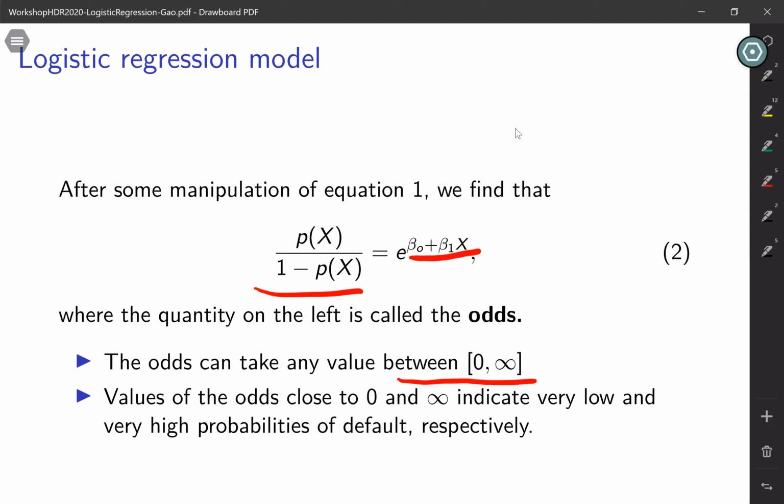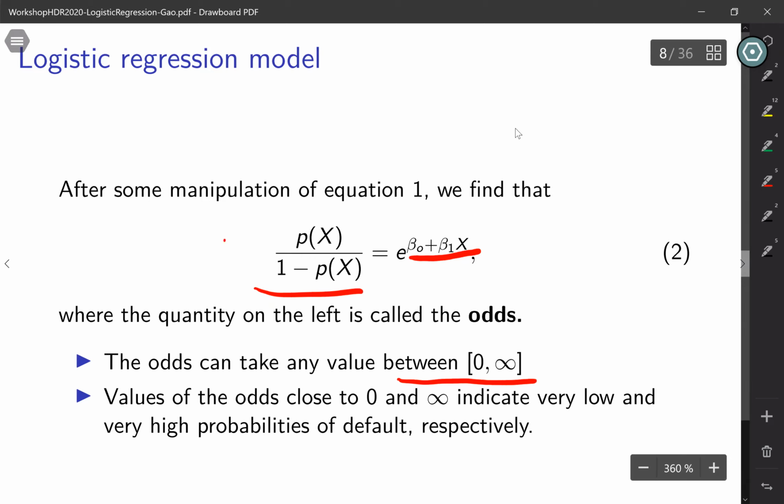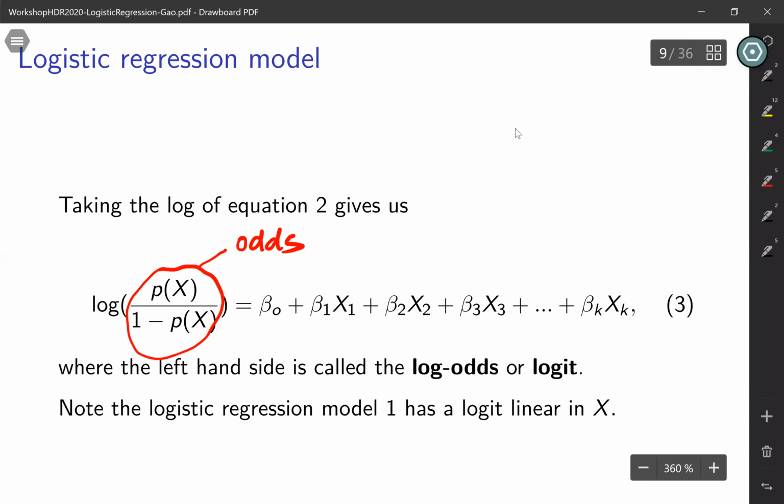It's kind of like you are doing an anti-logarithm. So you take the log, so it's kind of canceled out, right? Logarithm and the exponential, so log of this e. So now that's why the right side is just a linear combination.